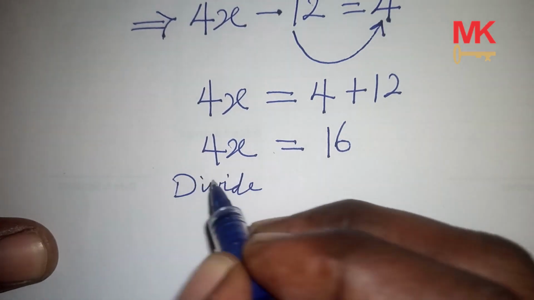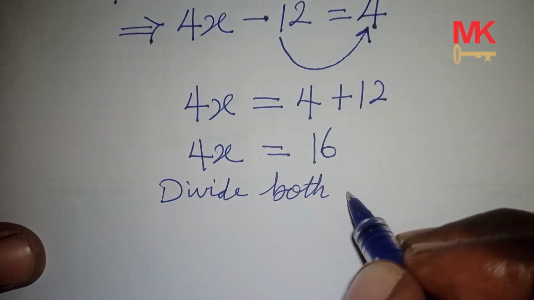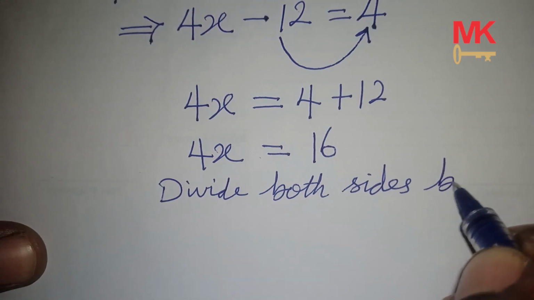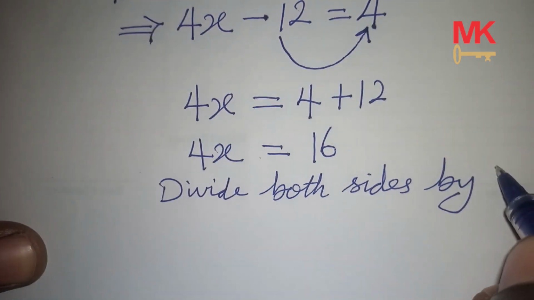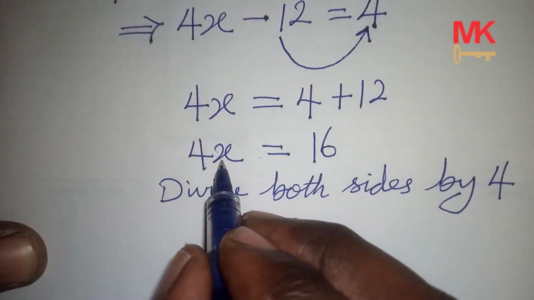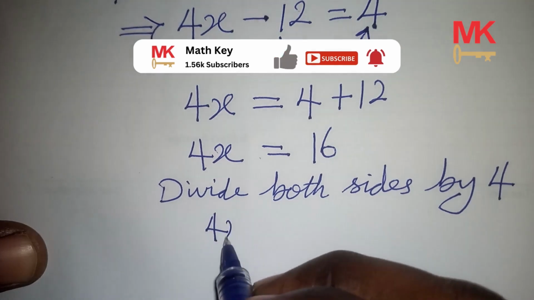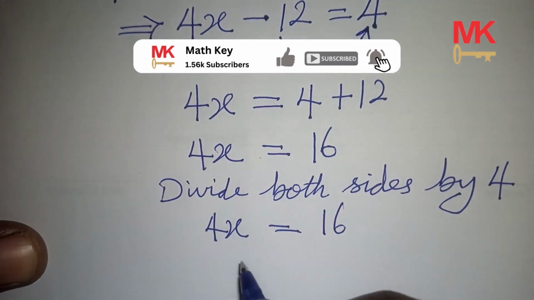So at this point, we just divide both sides by this 4. That's the coefficient of the variable x. So we have 4x equals 16.